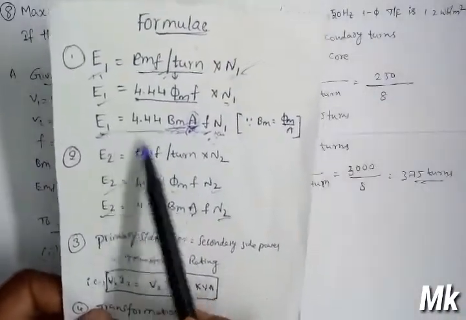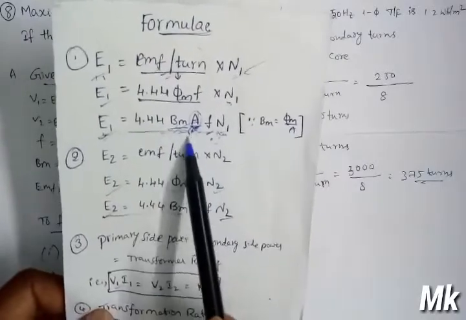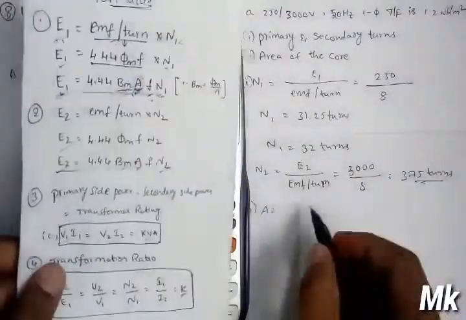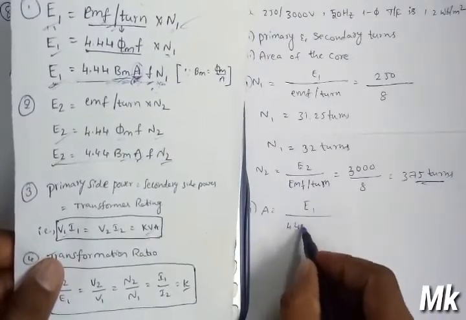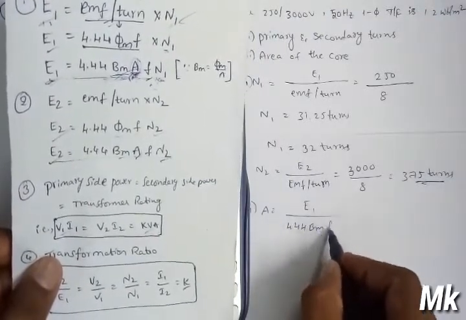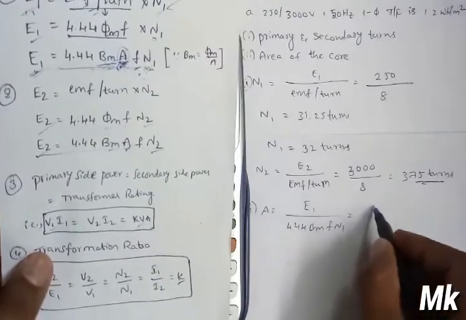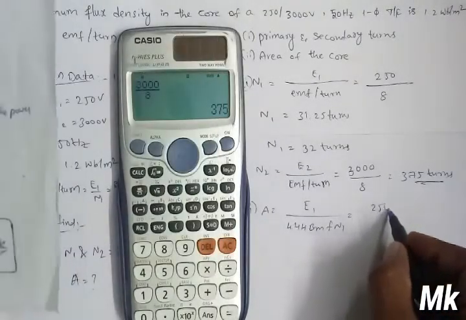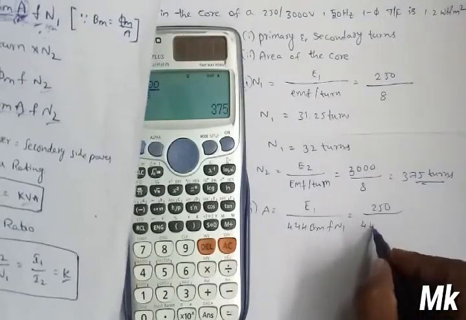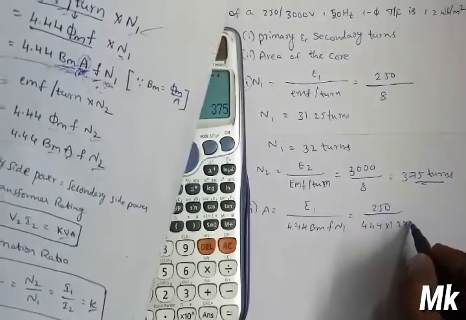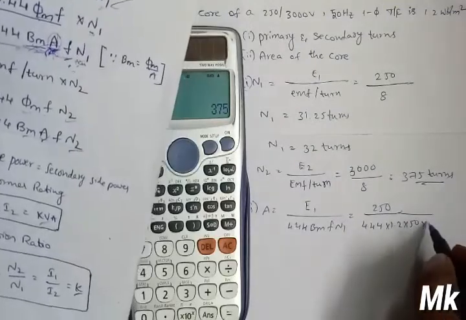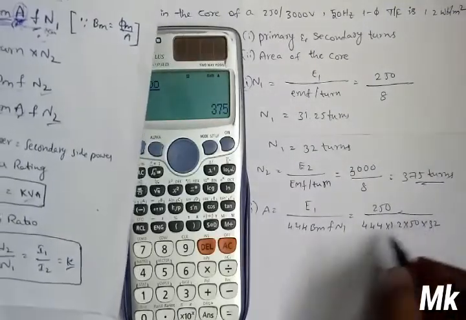So I am using this formula to find A. Then A is equal to E1 by 4.44 Bm f N1, that is equal to E1 is 250 by 4.44 into 1.2 into 50 into N1 is 32.